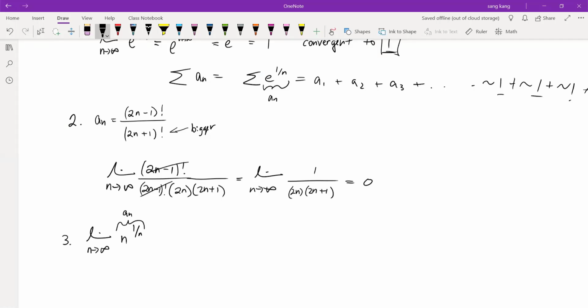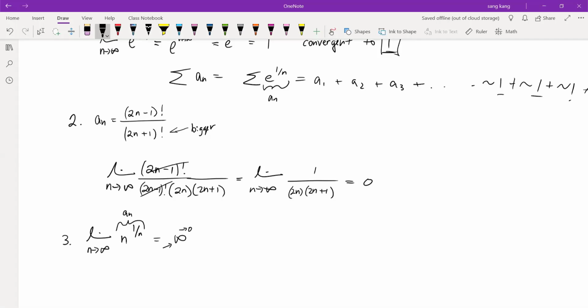So this sequence, if we want to determine whether this is convergent or divergent, we take the limit as n goes to infinity. And if we apply the limit directly, we get infinity to the 0 power, right? It's something that approaches infinity to something that approaches the 0 power. So we really don't know how this behaves from looking at this.